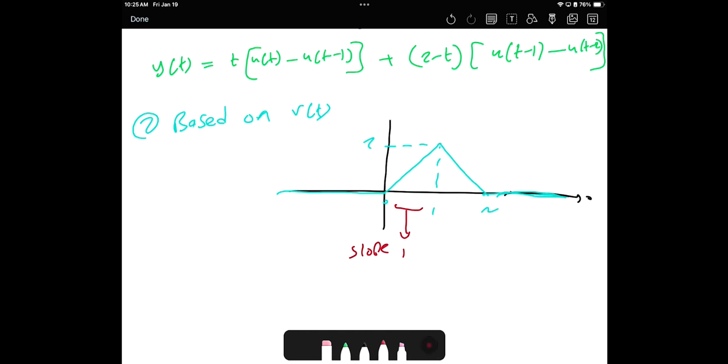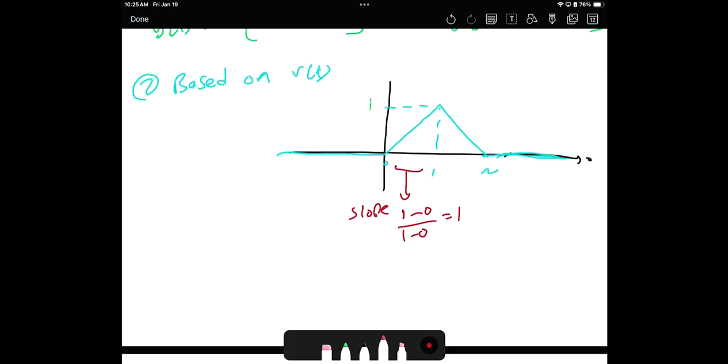The slope is 1 minus 0 over 1 minus 0, so the slope is 1. And there is no time shifts, so it will be R of t.